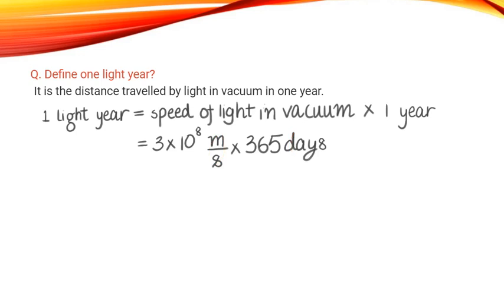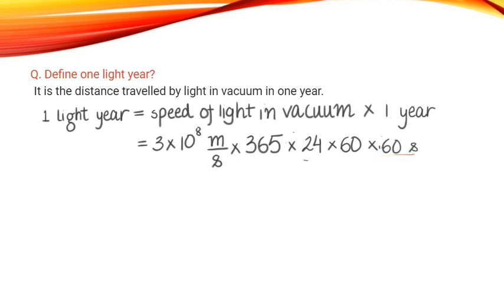Fine. To convert this, if you have 365 days, then in 1 day how many hours are there? You have 24 hours. And in 1 hour how many minutes are there? 60 minutes. And in 1 minute how many seconds? 60 seconds.